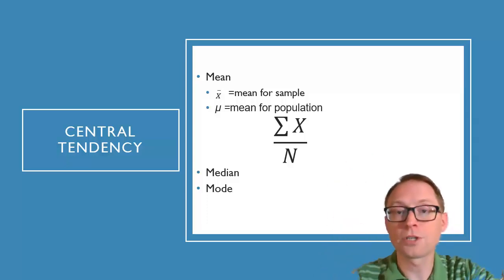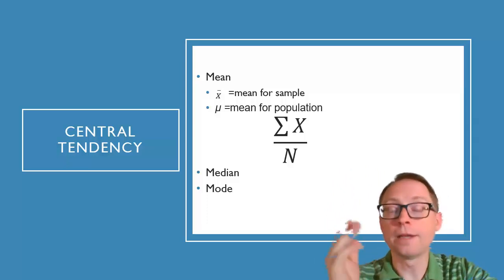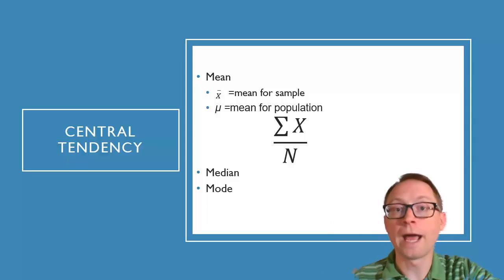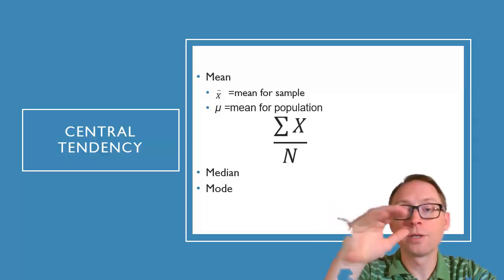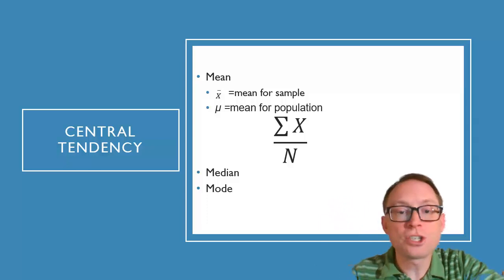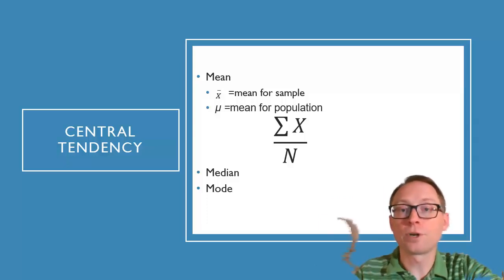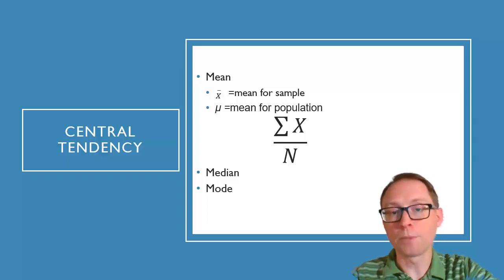Sum of all the ninjas' awesomeness, divided by n. And n is the number of individuals in the sample. So if we had 9 ninjas, we would add up all of their awesomeness scores and divide by 9. It's just asking for an average. A mean is the average. If it's for a sample, we call it X bar. If it's for a population, we call it mu.